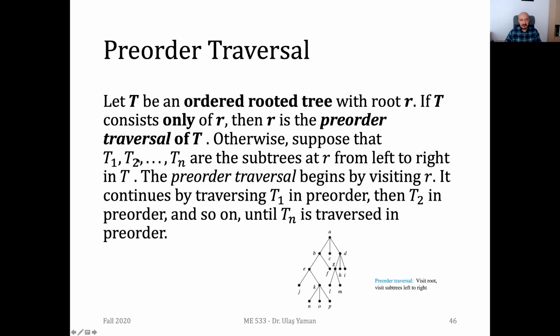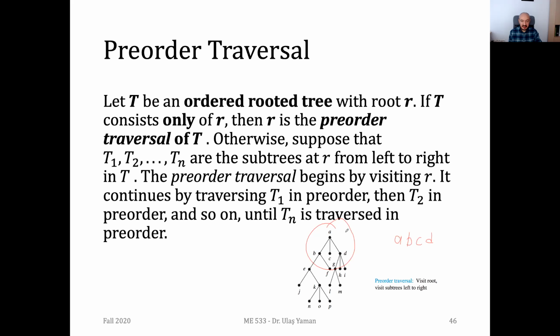If there are no children of T1, then we can directly cover T1, T2, and up to Tn. If we just have this part of a tree, then the pre-order traversal will be A, B, C, D.